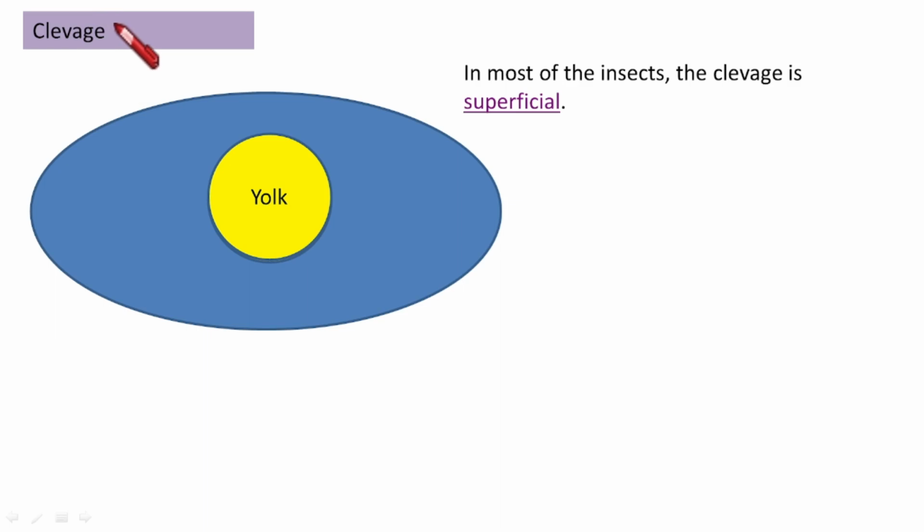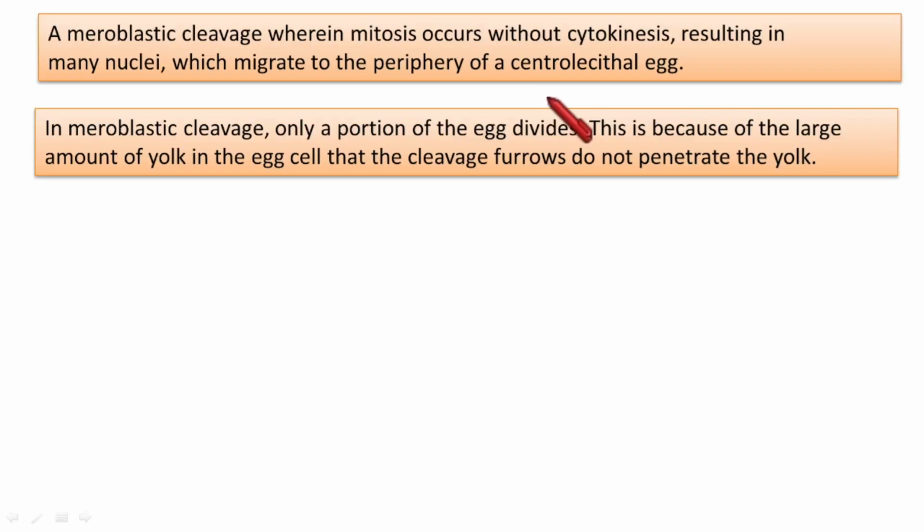Okay. Next we are going to see the cleavage in Drosophila. In most insects, the cleavage is superficial. What is superficial cleavage? Superficial cleavage is a type of meroblastic cleavage. What is meroblastic cleavage? I will explain to you later. In superficial cleavage, even though mitosis is happening, cytokinesis is not taking place.